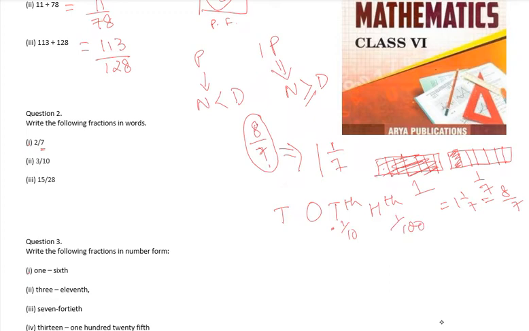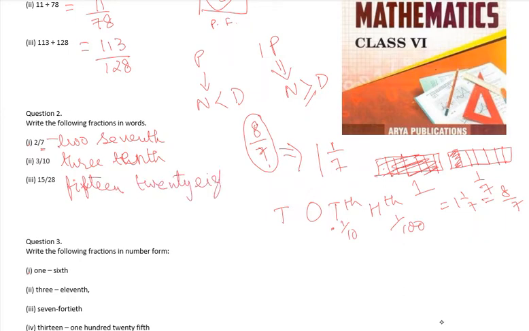So the answer for this will be 2 seventh, 3 tenth, 3 upon 10, 15, 28, 20 eighth. So that's question number 2.